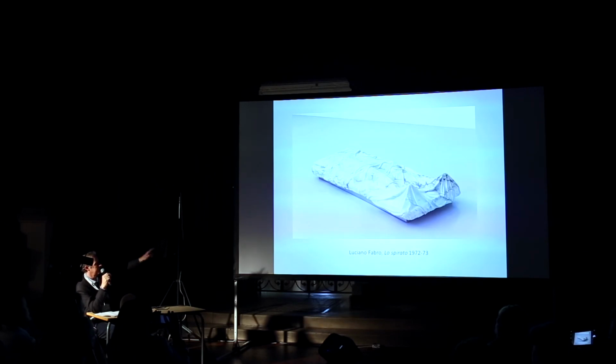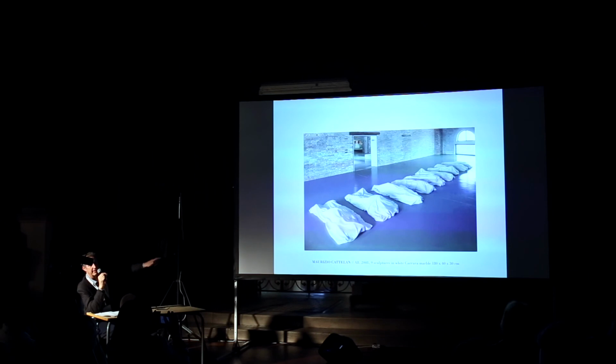Luciano Fabro, this is Lo Spirato, the 1970s, that is quoted by Maurizio Cattelan in his All, which are a reference not only with the history, but also with the drama of the chronic history of today.